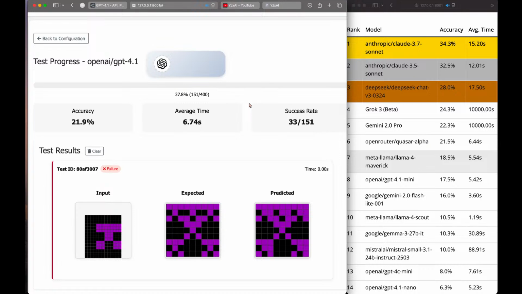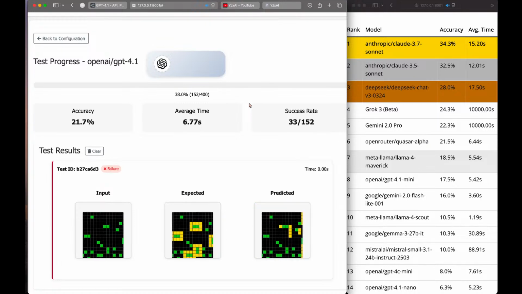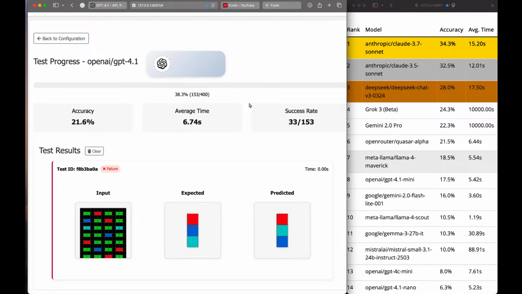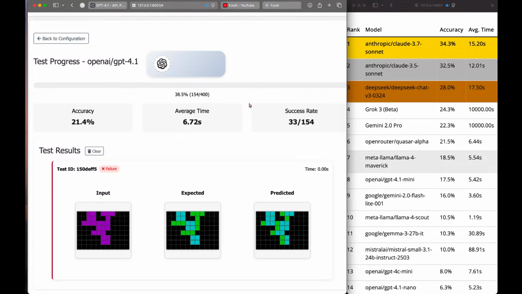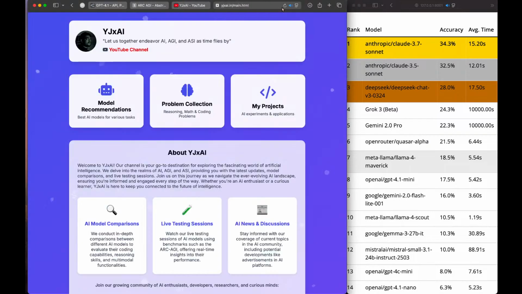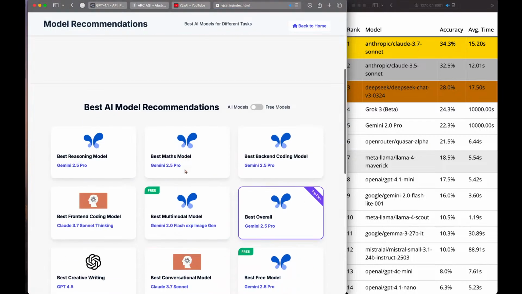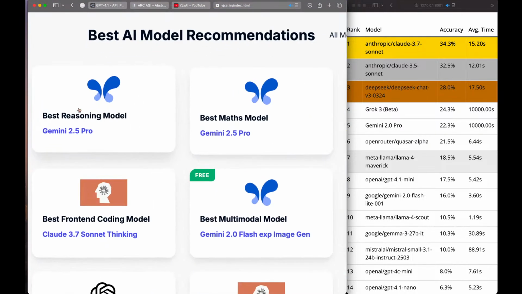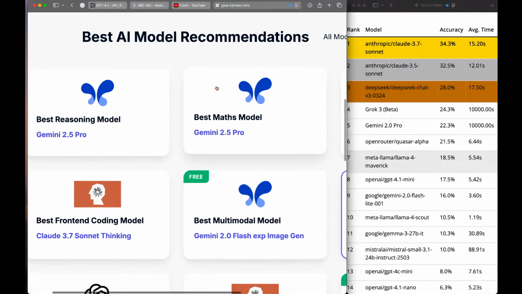But now we have Gemini 2.5 Pro, and that is a gift that Google has given us. It's very hard to complain about anything for that matter. If you go onto my website, let me show you. If you see the model recommendation, it's full of this symbol.